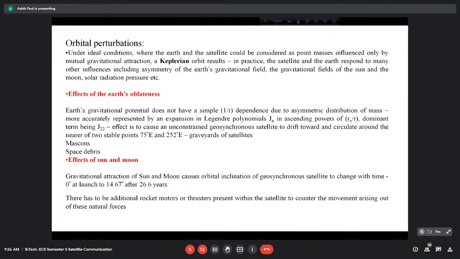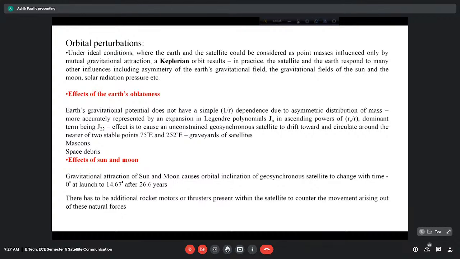Now, moving ahead, so far what we have considered, that is the orbital period, the condition under which a geosynchronous satellite becomes a geostationary, are all under ideal conditions where, following Kepler's laws, we assume in the mathematical formulation that the Earth and the satellite are point masses, and each is influenced by the gravitational attraction of the other only.